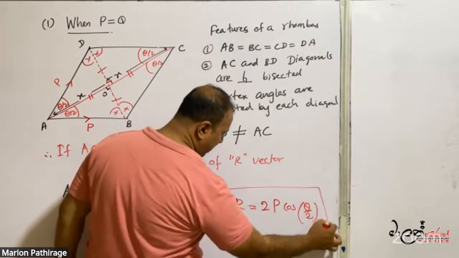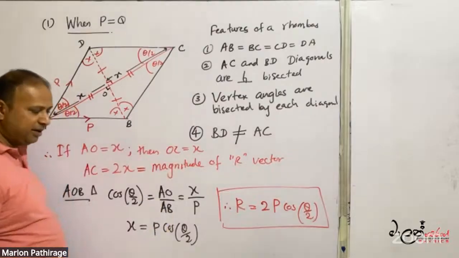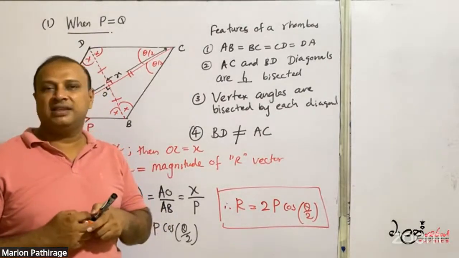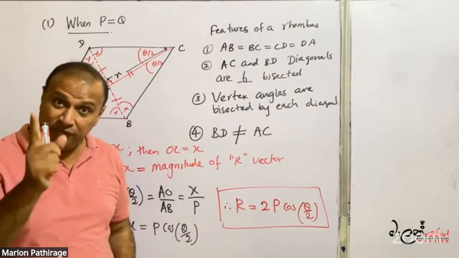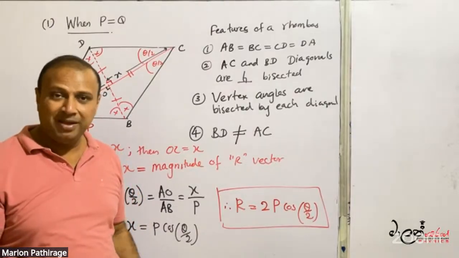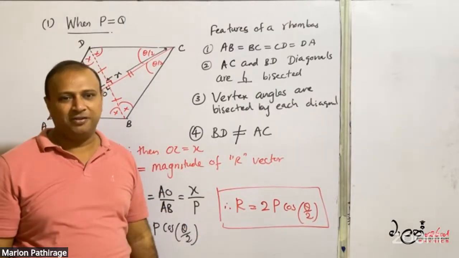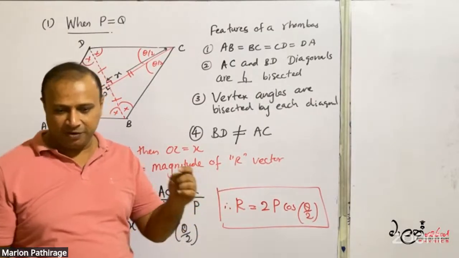This is a very important relationship. If two vectors are equal in magnitude, then the resultant vector is equal to 2P cos theta over 2.